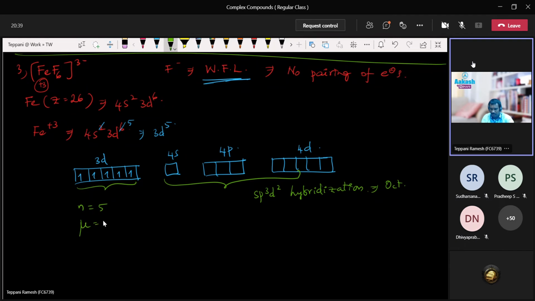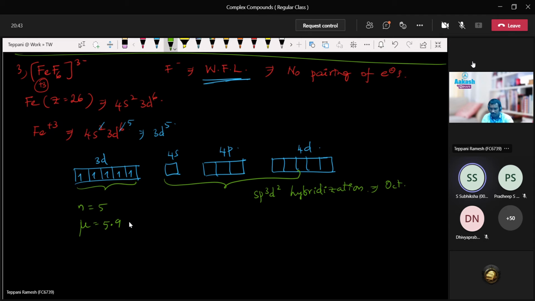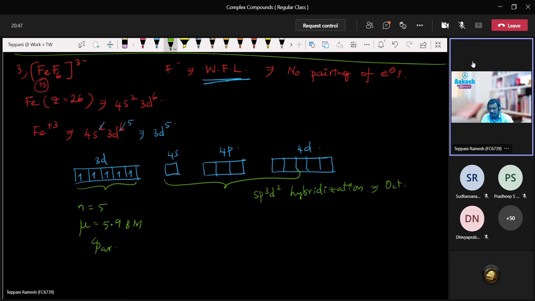mu value 5.9. Paramagnetic. Then what other words you can use?